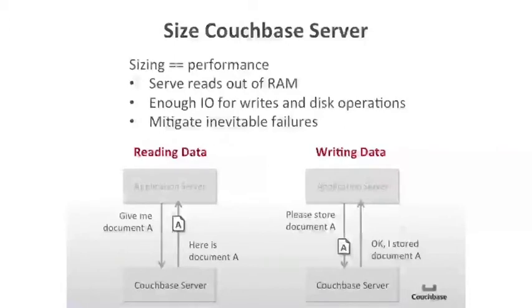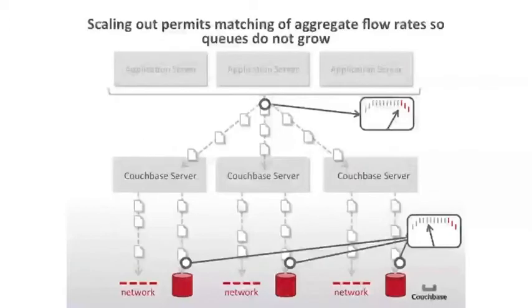The other aspect of sizing is scaling out. So if an application with very high throughput is accessing a multi-node Couchbase cluster, each one of those nodes only needs to be responsible for holding, processing, storing, and writing a small percentage of the data. The more nodes you have, the smaller that percentage is for the entire workload.